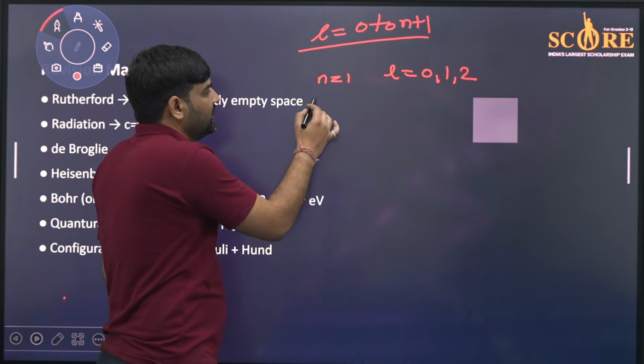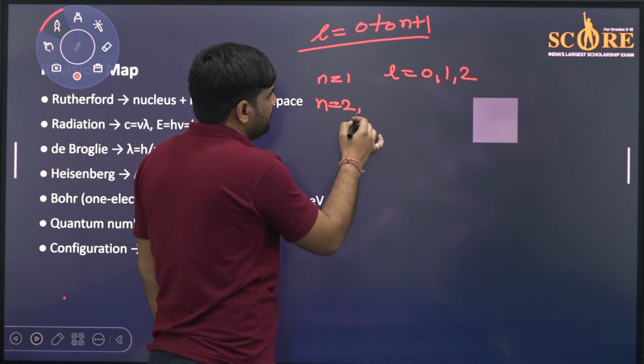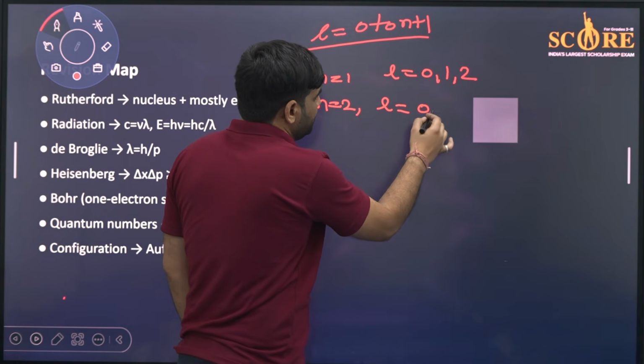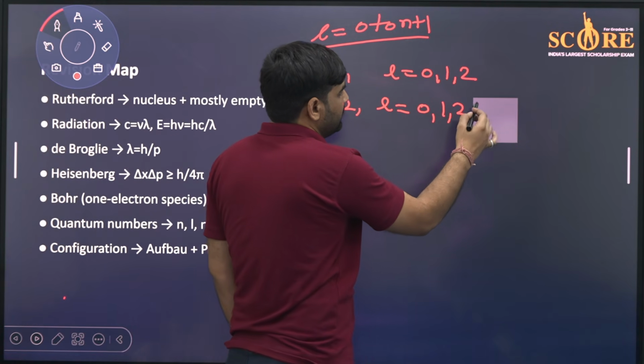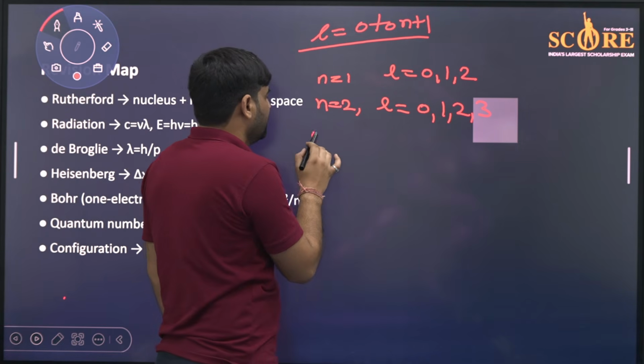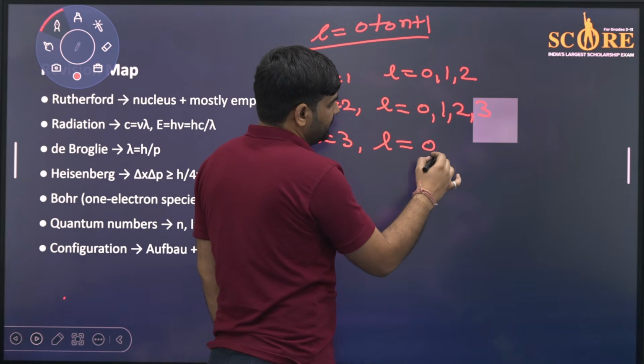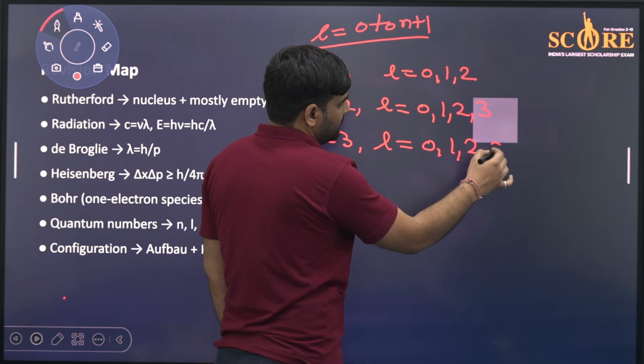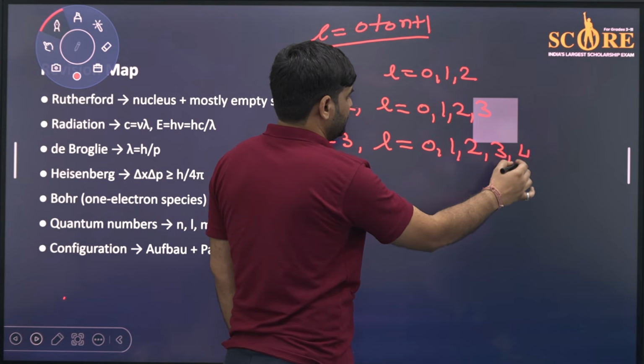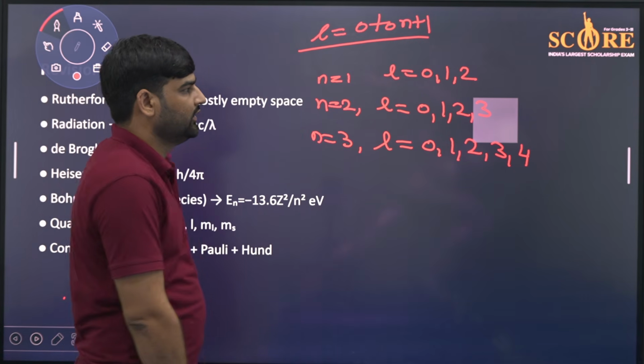Now n equals 2, then L will be 0, 1, 2, 3. N equals 3, 0, 1, 2, 3, 4.